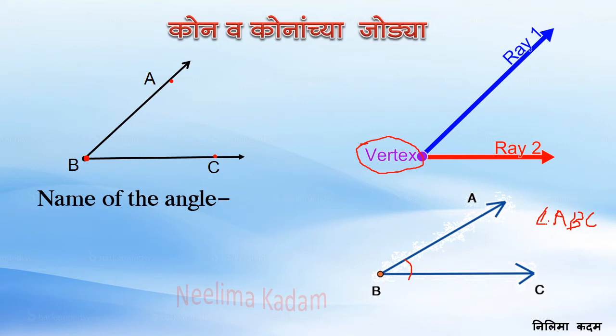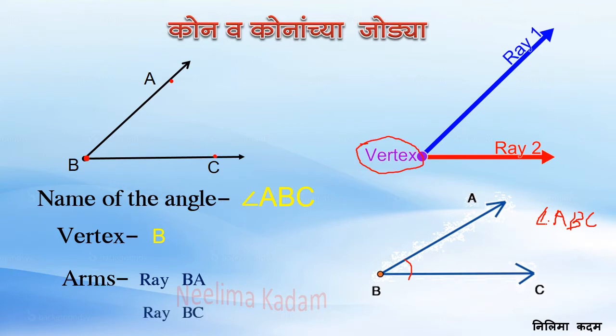So what will be the name of the angle? Angle ABC, whose vertex is point B, and the two arms, the rays, are ray BA or side BA and ray BC or side BC.